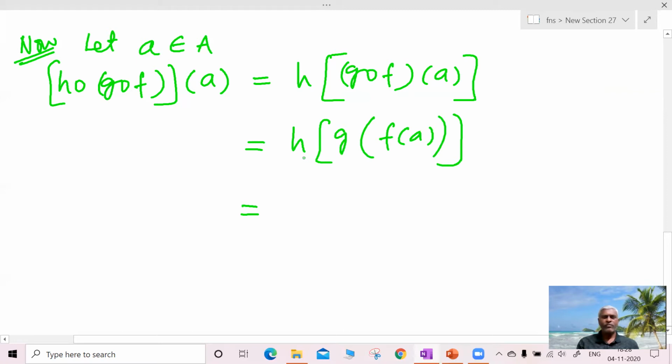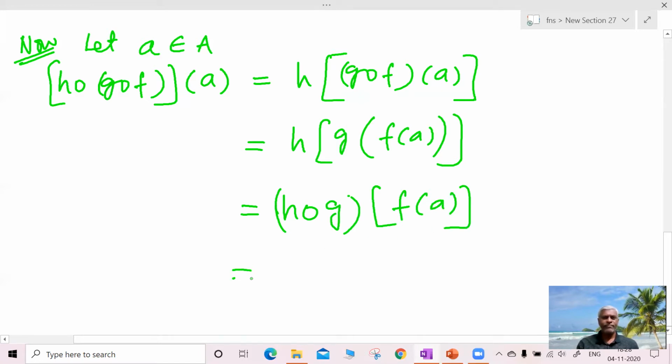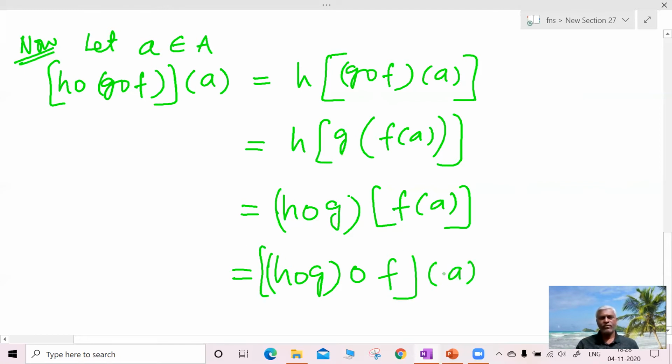And combining H and G, H circle G, removing the bracket, you can write this in this way: H circle G of F of a.